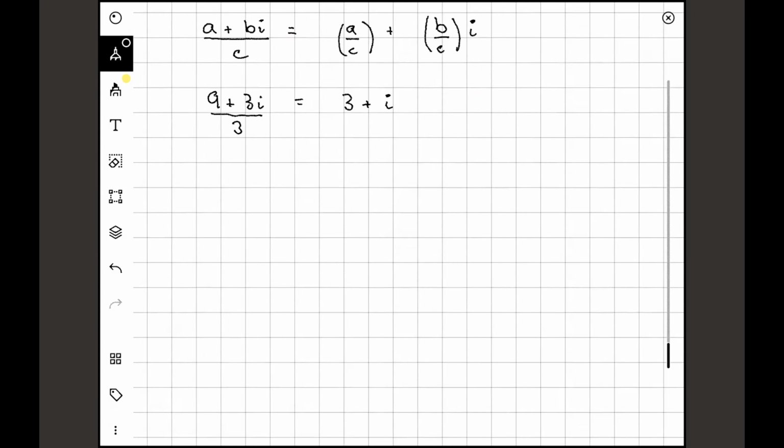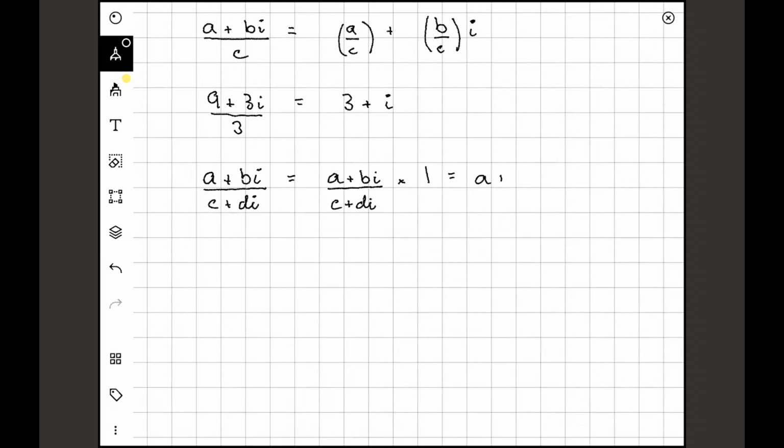Now, we can use this to figure out a way to divide complex numbers by other complex numbers. So, we're going to start with the expression a plus bi over c plus di. And we're going to write this as a plus bi over c plus di multiplied by 1. And we're going to rewrite 1 in a clever way.